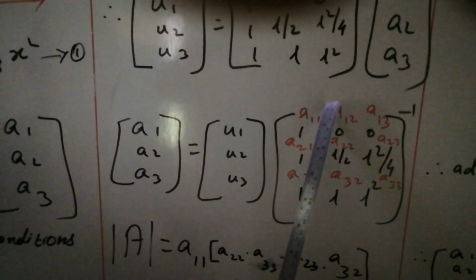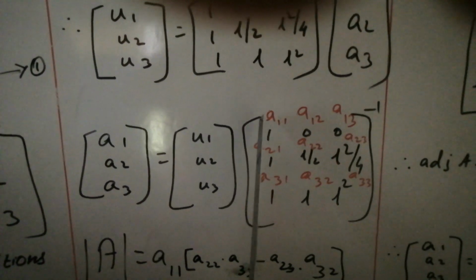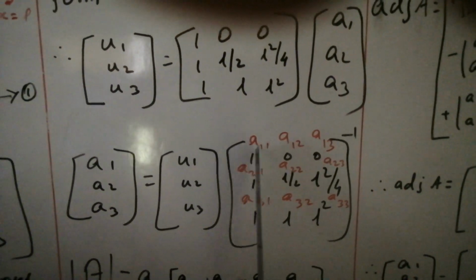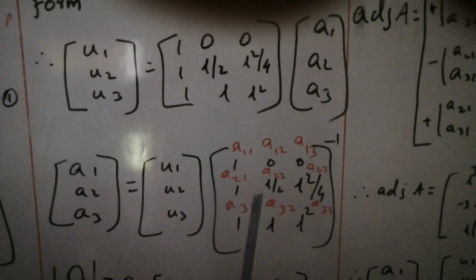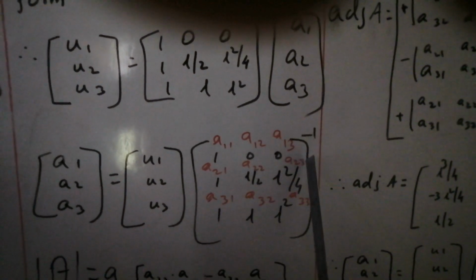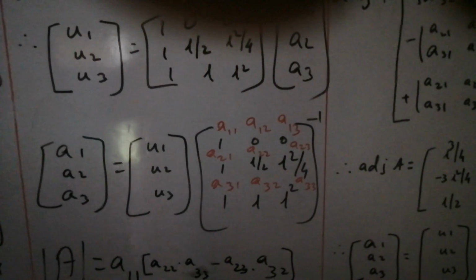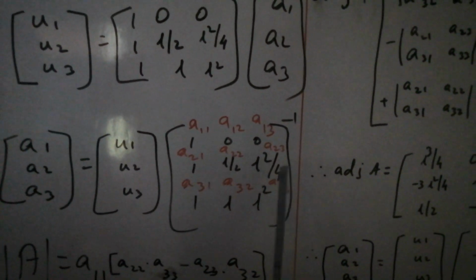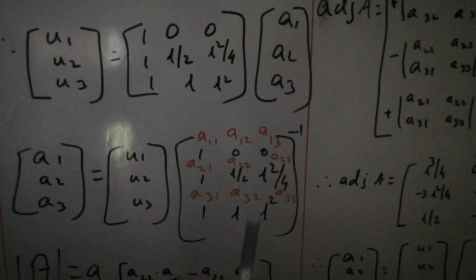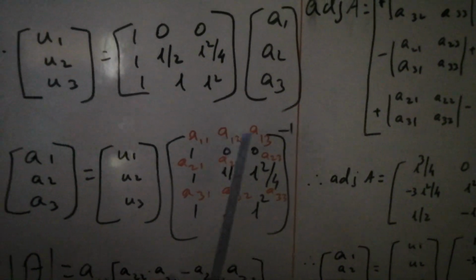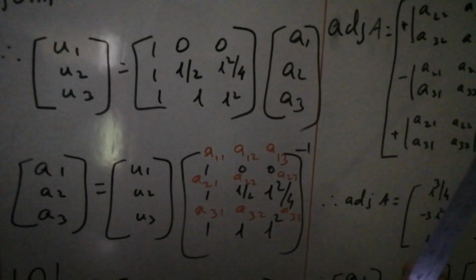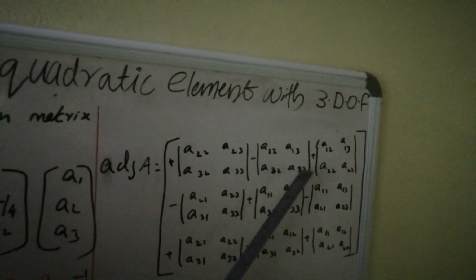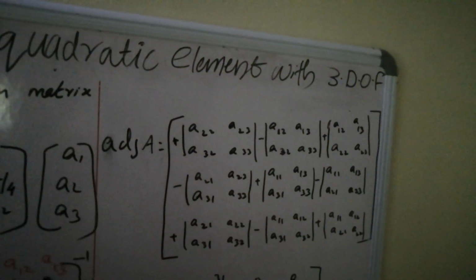First we are removing this term A11, that is the first row and first column, and we are taking the determinant of the remaining terms. Now we are removing the second row and first column. That is, we will have the remaining A12, A13, A32, A33, and we are finding the determinant.